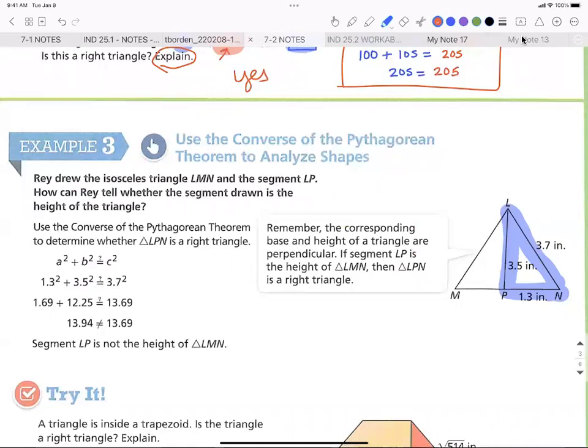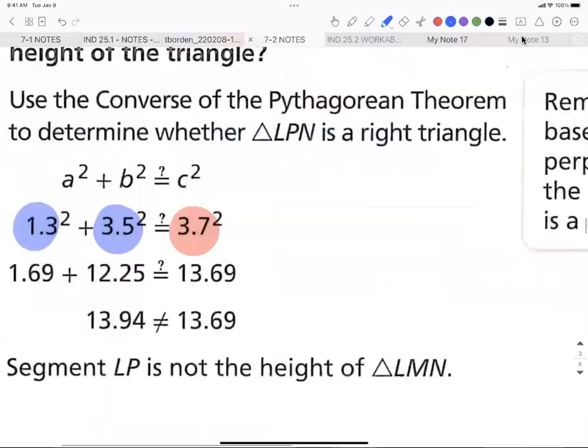So we test it. Again, you have to be mindful. Straight across from the right angle, this has to be your C. So that means that 3.7 is your C, which goes over in the C. And then the other two, by default, this is a leg and this is a leg, and they go on the left. And again, with decimals, don't let it throw you.